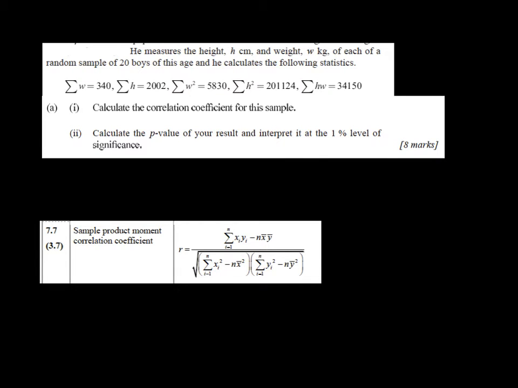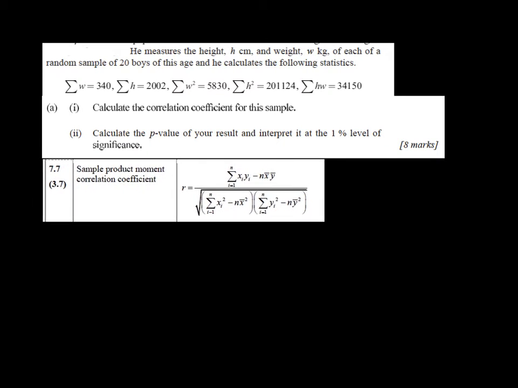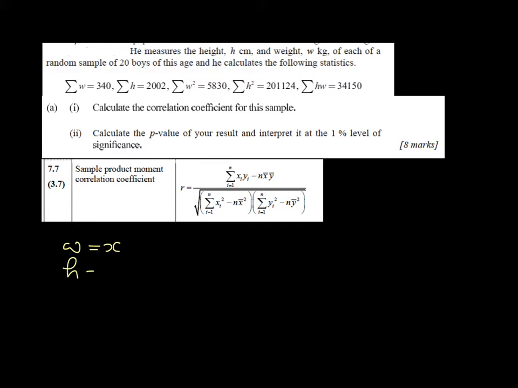So we will need a bit of matching here, and let us consider that w is x and the height is y. In my formula, I see I have the sum of x_i y_i, which is actually the sum of wh, which is 34150.